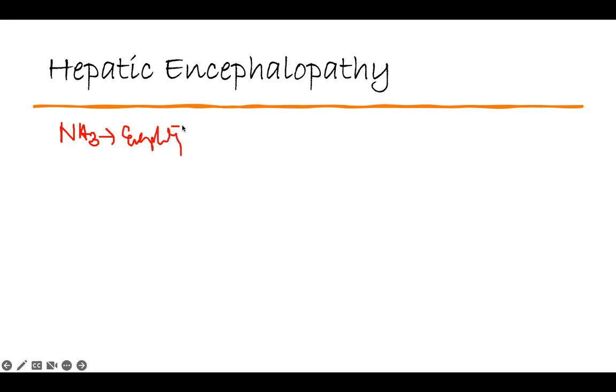This is a fancy word, but basically it means buildup of ammonia, and the patient will show signs and symptoms of B sharp, my prioritization technique. They become lethargic, they will be confused. The patient is lethargic and confused, and they will have slurred speech.